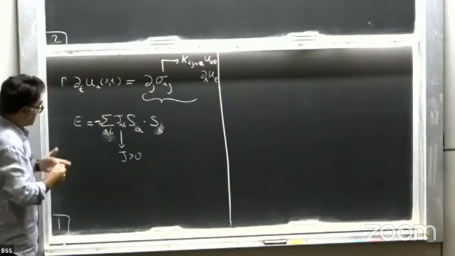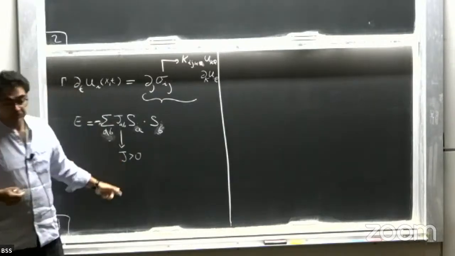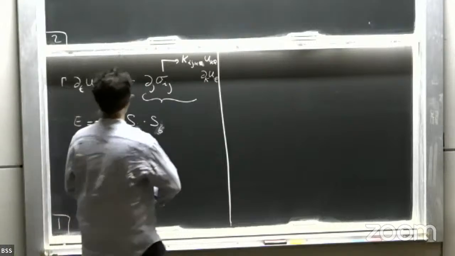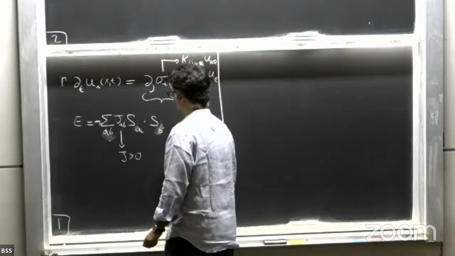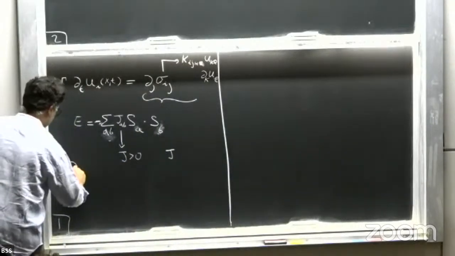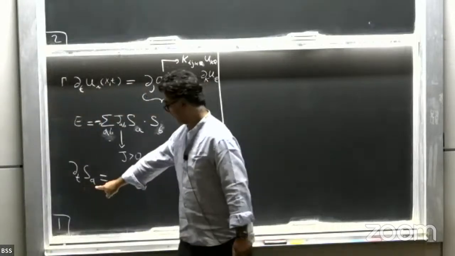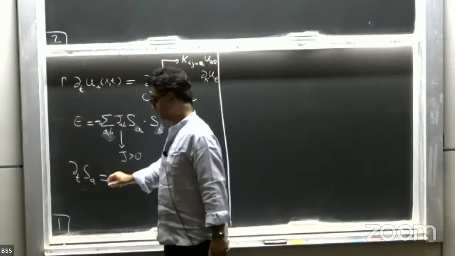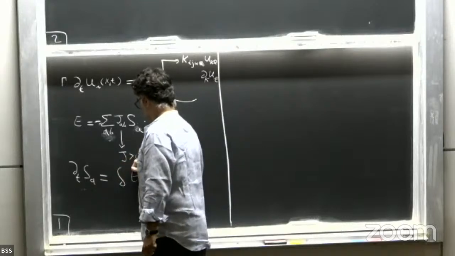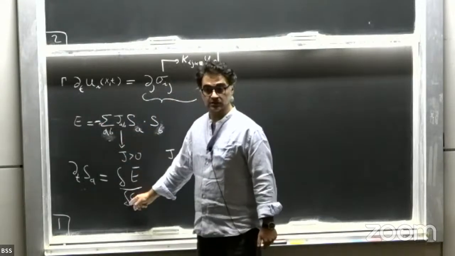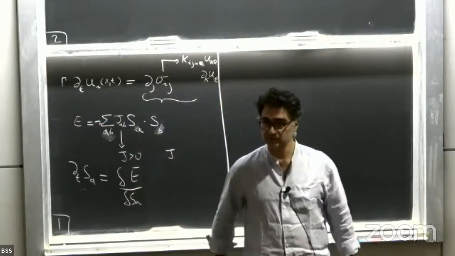Okay? Now, please notice that, of course, this J_ab need not be equal to a constant. Could be dependent on the spins involved. But what I would like to draw your attention to is that usually the dynamics that one imposes on the system is that the dynamics of the spin will be given by a variation of this energy with respect to the degrees of freedom.